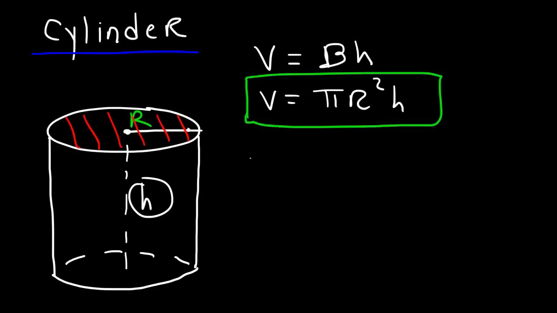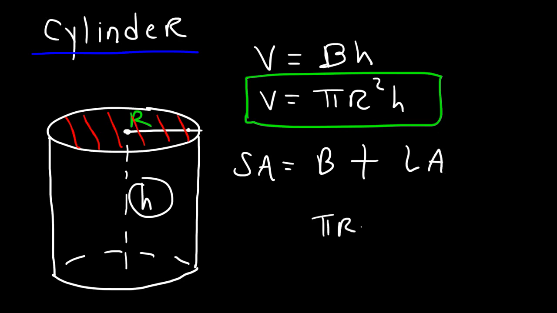To calculate the total surface area of a cylinder, it's the area of the base plus the lateral surface area. Now the area of the base is pi r squared, but notice that we have two bases, one on top and the one on the bottom. So it's 2 pi r squared.